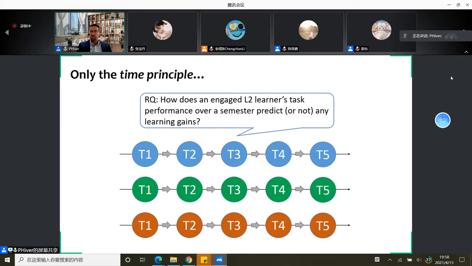Time 1 with time 2 and time 3, time 4 combined lead us to time 5. So if we were to structure a research question or an entire design around the adaptive principle, this is an example of what it might look like. How does an engaged learner's task performance predict their learning gains over a semester? So this is the adaptive principle.